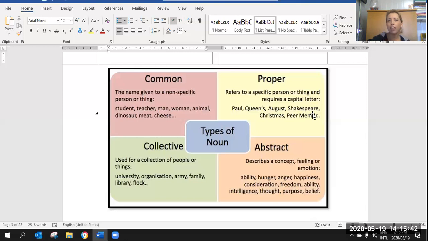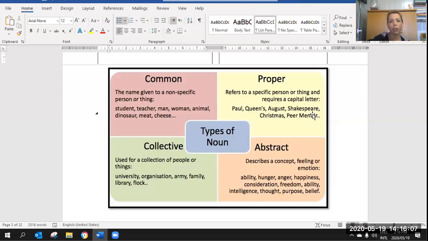So those are feelings like love or hate, emotions, hunger, freedom, intelligence. You can see the examples there. Those are abstract nouns. So in the sentence, they don't have the function of a verb. You are not saying that the person is doing that, but it is in the position of a noun in the sentence, of a thing.